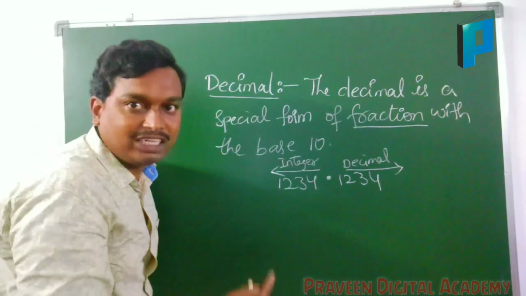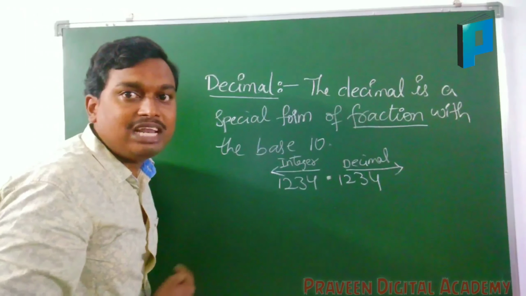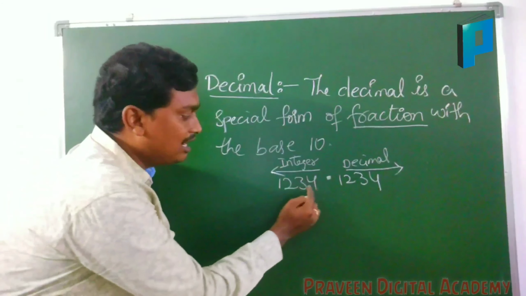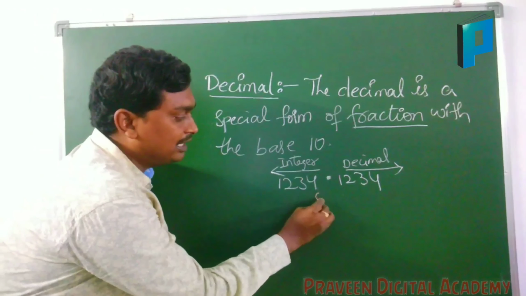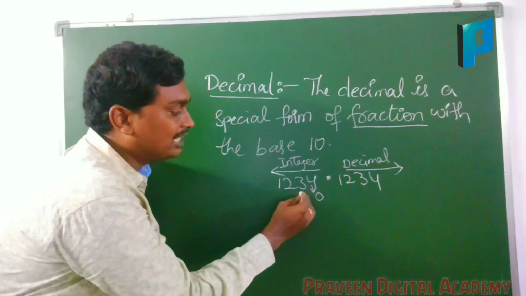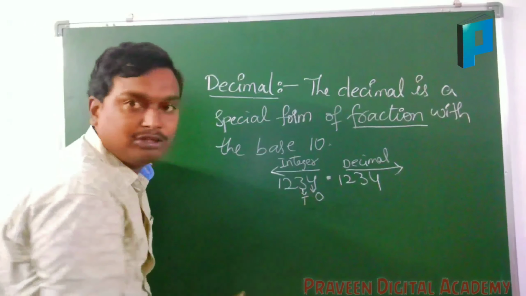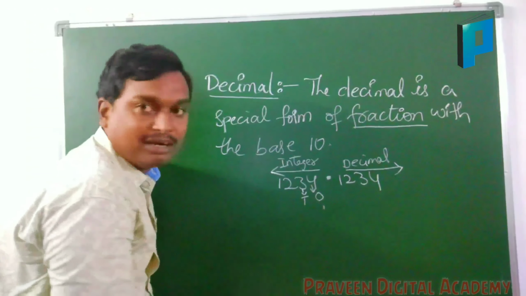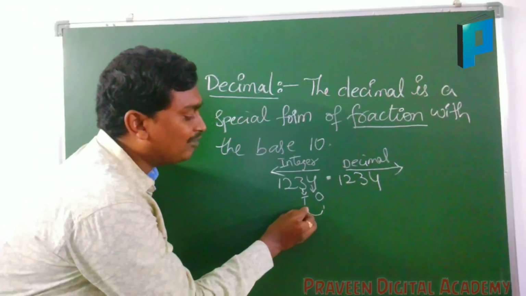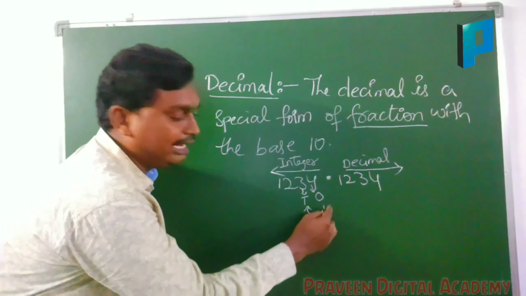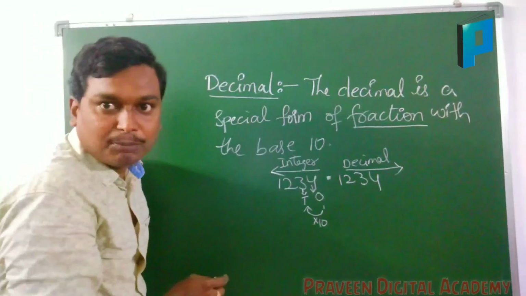Here after the ones place value we will keep the decimal. This is the ones position, and after ones you have the tens position. If you multiply the ones position with 10, you will get the tens position.